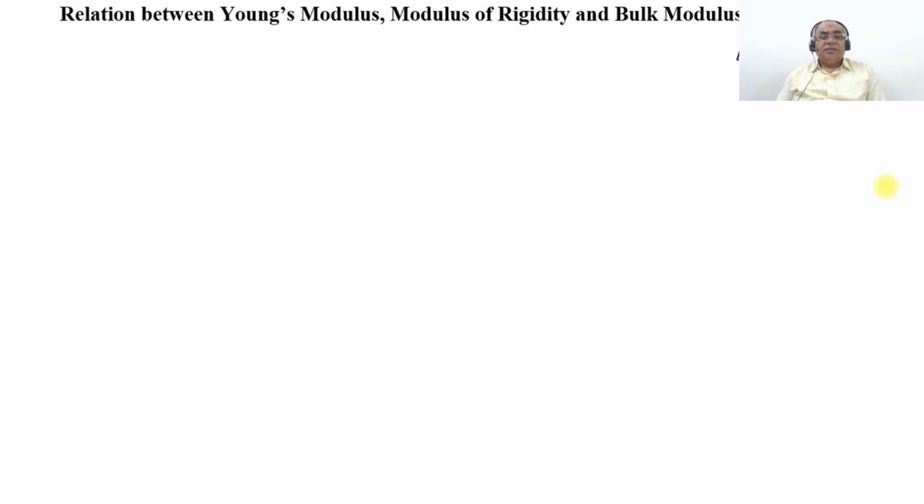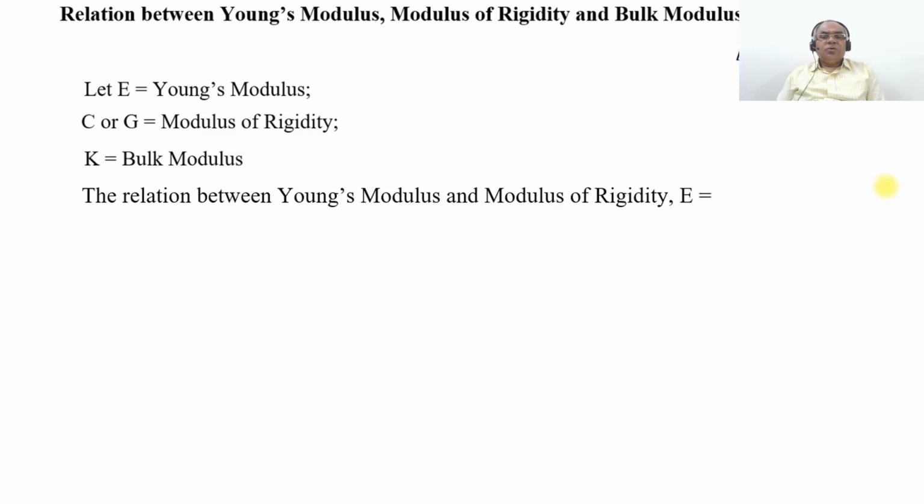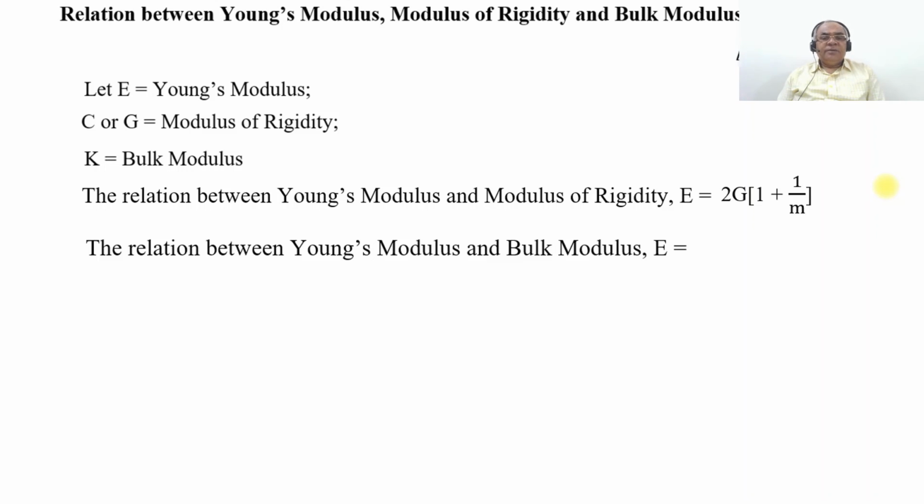Now we are going to establish a relationship between Young's modulus, modulus of rigidity, and bulk modulus. So E is the Young's modulus, C is the modulus of rigidity, and K is the bulk modulus. We know the relationship between Young's modulus and modulus of rigidity, E is equal to 2G or 2C into 1 plus 1 by m, and the relation between Young's modulus and bulk modulus, E is equal to 3K into 1 minus 2 by m.